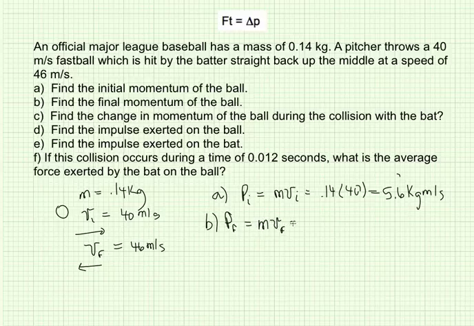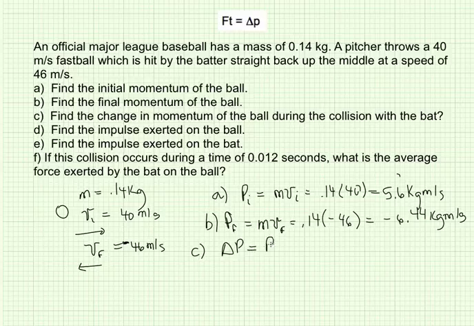The final momentum is simply the mass times the final velocity. The mass of the baseball is still 0.14. However, this baseball is coming back in the opposite direction, and anytime we have a direction that's opposite for a vector, we have to include a negative sign. So that's actually negative 46 meters per second, which gives me a momentum of negative 6.44 kilogram meters per second.